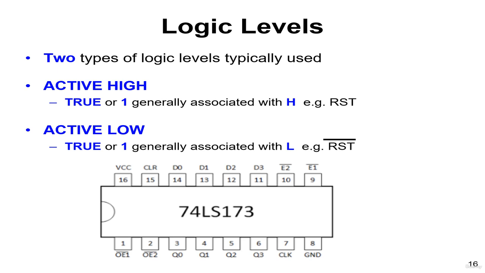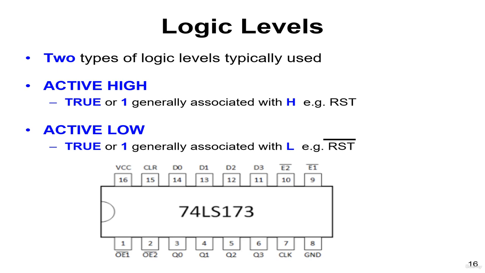There are two types of logic levels commonly used in digital logic: active high and active low. And sometimes you will encounter logic devices that use both of them. Some signals might be active high, whereas there might be other signals which are active low. Active high means the signal will be performing its function when its logic level is 1.